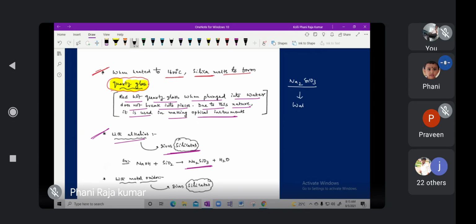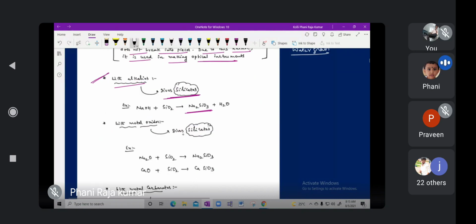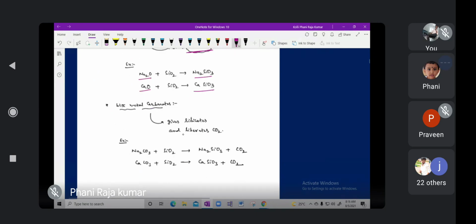Called water glass, quartz glass. Next, with metal oxides, it forms once again silicates: sodium oxide gives sodium silicate, calcium oxide gives calcium silicate. With carbonates, once again gives silicates, and because carbonates are there, they liberate carbon dioxide gas also.